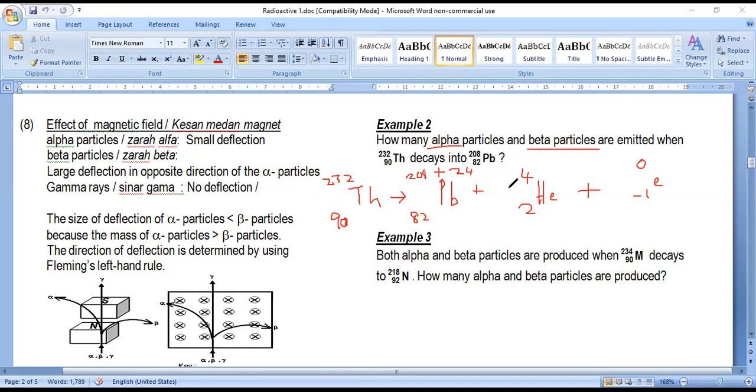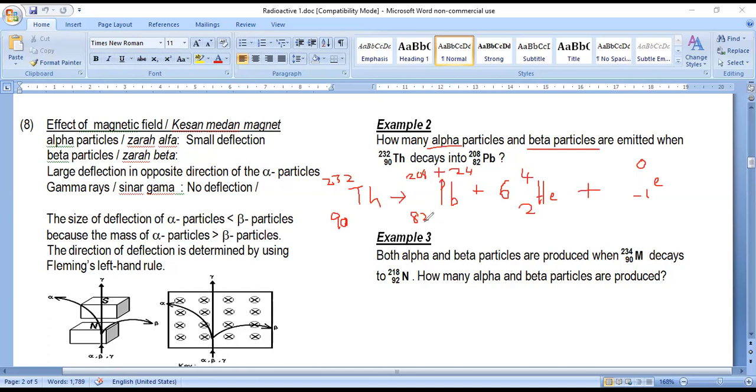One alpha can only provide 4 nucleon number, so to get 24 you need 6 alpha. Instead of writing helium 4 six times, we write 6 alpha. So 6 times 4, you get 24, and 24 plus 208 gives you 232. So it's balanced already.